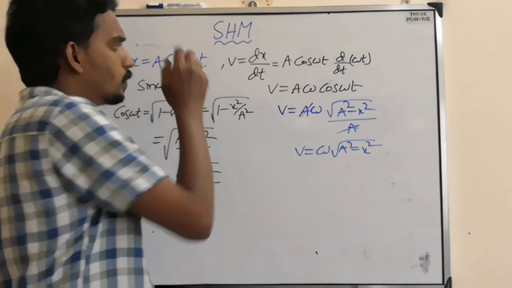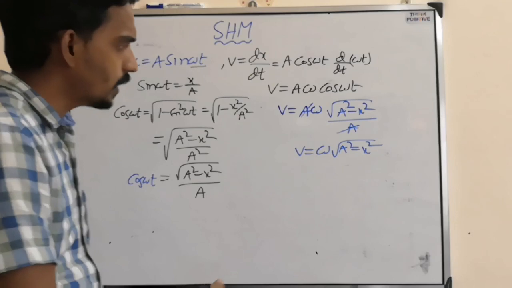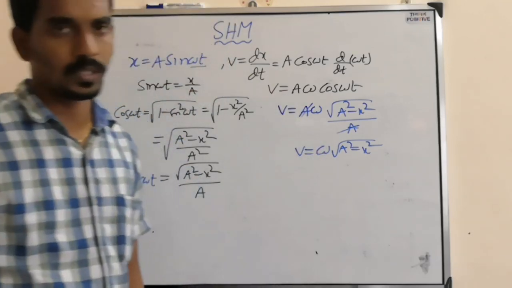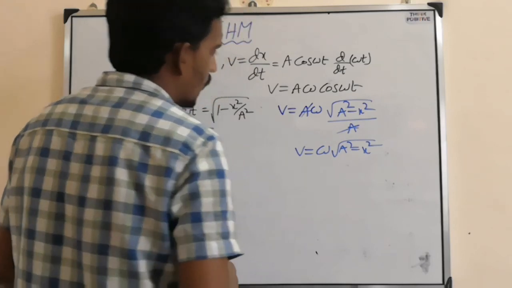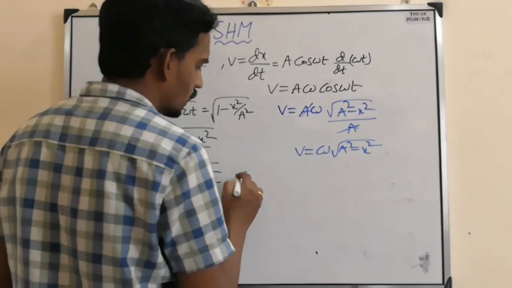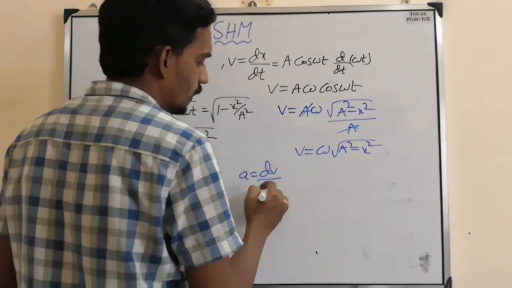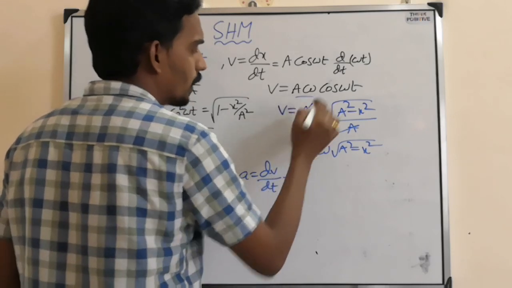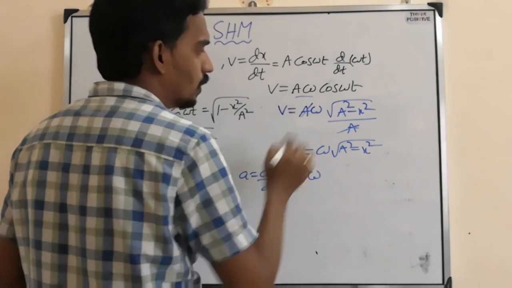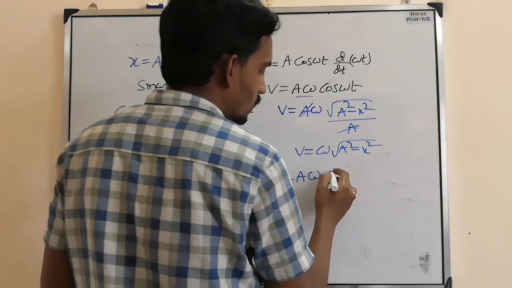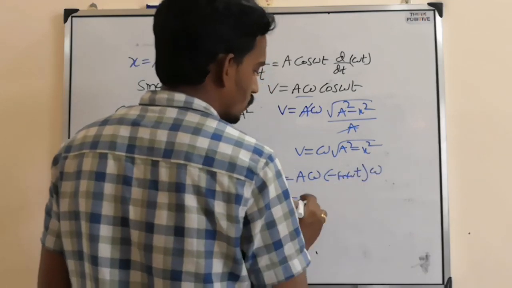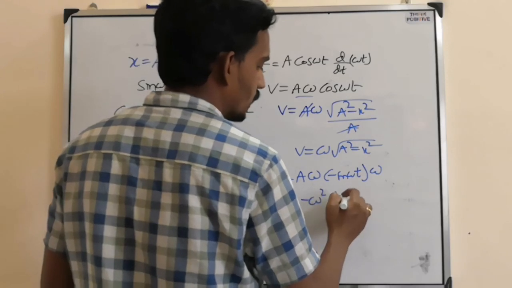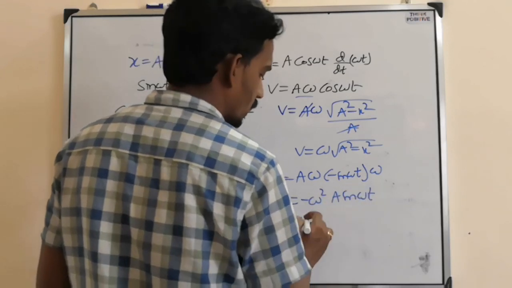So based on the displacement they can ask questions. Based on the velocity they can ask questions. Similarly they can ask questions based on acceleration. So what is the acceleration? dv by dt. So a omega constant into differentiation of cos, which is minus sin theta into omega, so that minus omega square into a sin omega t.